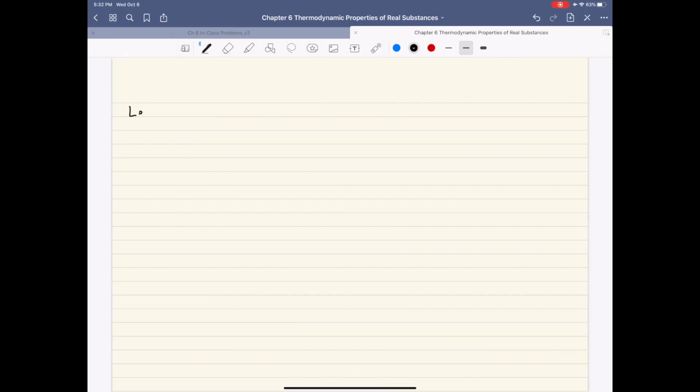One mathematical tool that allows us to flip around these different variables is the triple product rule. So dT/dP at constant V, according to the triple product, would just be this.